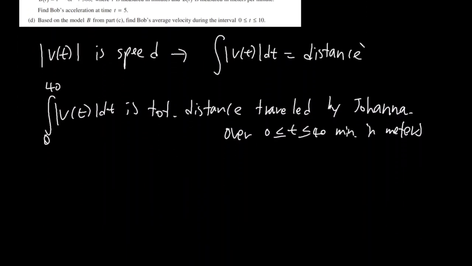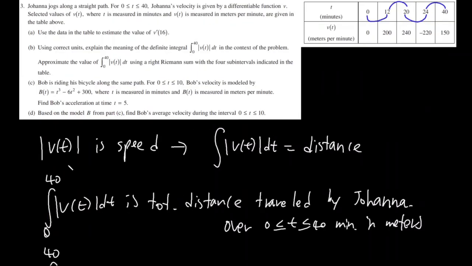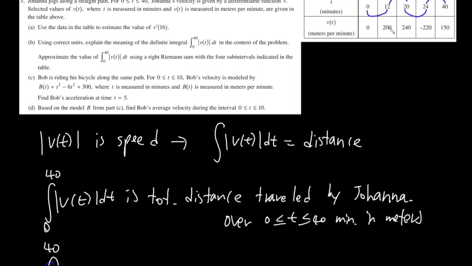So the Riemann sum is going to be: the integral from 0 to 40 of the absolute value of the velocity is approximately equal to the difference between 0 and 12, which is 12, times the absolute value of this right point, which is 200.